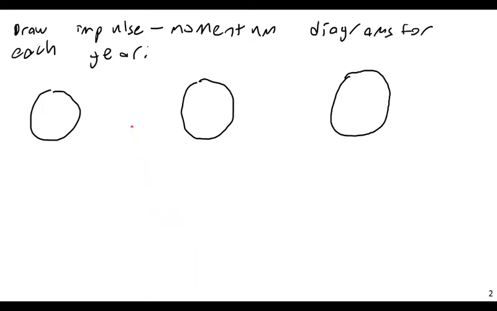And the first thing I want to do is draw out the center of each of these. And this plus this is going to equal this. This is initial momentum, plus impulse is going to equal final momentum.